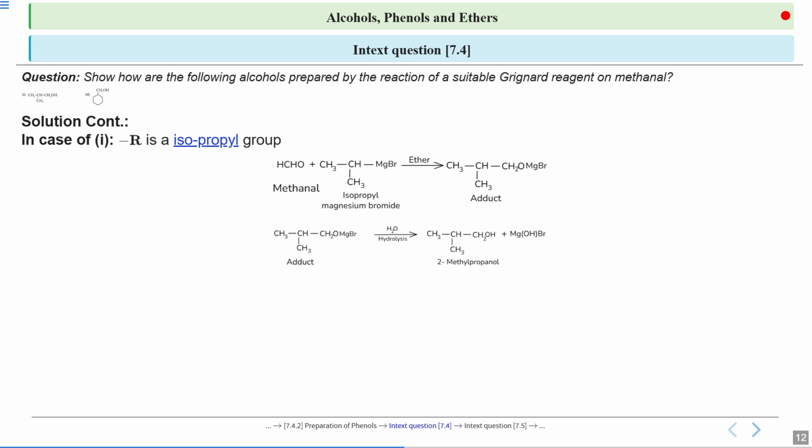The adduct reacts with a water molecule and undergoes the acid hydrolysis process, and you will get your primary alcohol as 2-methylpropanol, plus magnesium hydroxide bromide will be your side product. Okay, so this is how you will get the first alcohol given as the product after the reaction of methanol and a suitable Grignard reagent, which is isopropyl magnesium bromide in this case.